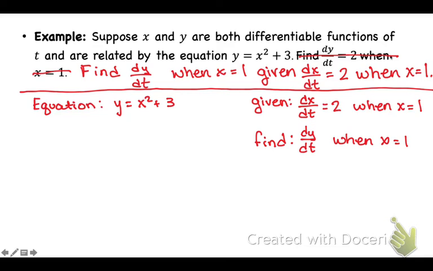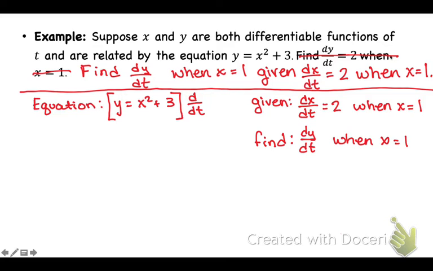Okay, so how did we do this? We did implicit differentiation, yes? So we need to find dy dt, so we need to take d dt of both sides of the equation, like we've been doing for 2 days, right?